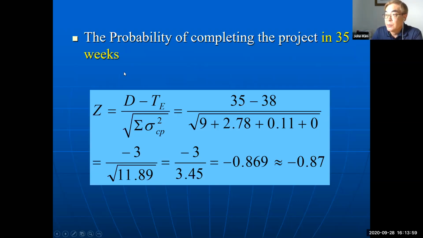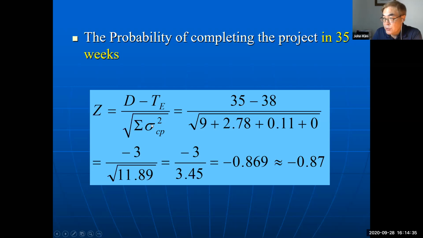So the probability of completing the project in 35, desired completion time: 35 minus expected completion time, the duration of critical path, 38, divided by the square root of the sum of variances on the critical path.